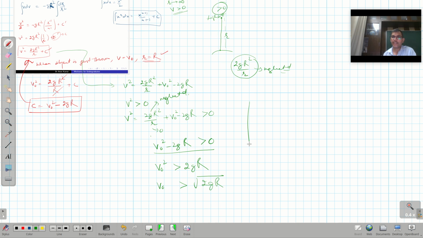But as we know, this small g is basically GM upon R square. As we know that this small g is equal to this one.